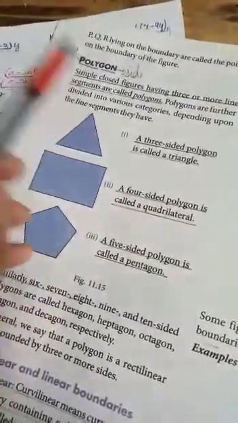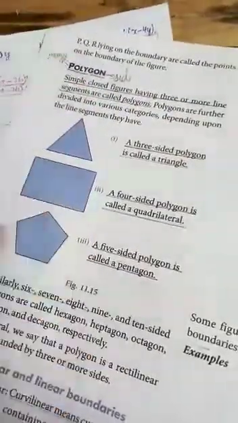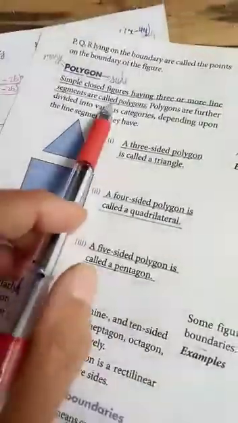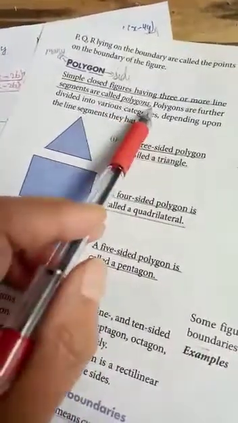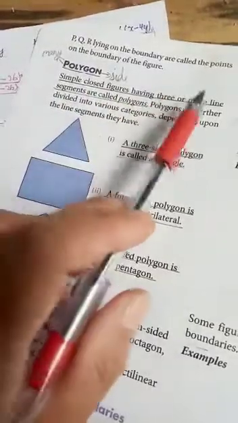So remember, closed figures which have three or more line segments as their sides are what we call polygons.